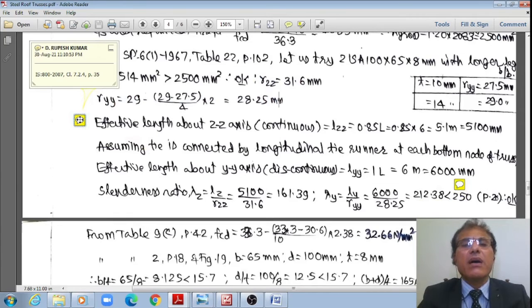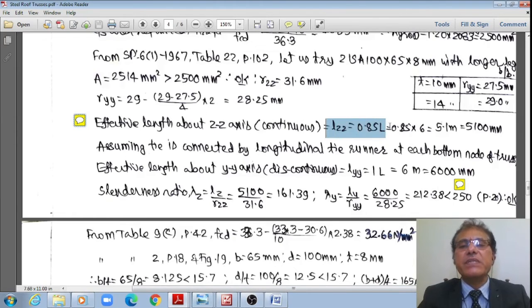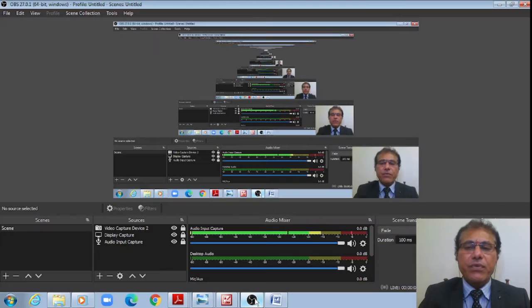Already told that effective length, because it is a bottom chord member which is also a continuous member, student, already shown, right? Because of that, I can say, assuming partial fixity, LZZ is equal to 0.85 multiplied by L, where L is the larger value of 6 meter. Therefore, it works out to say 5.1 meter or approximately 5100 mm, about the ZZ axis.